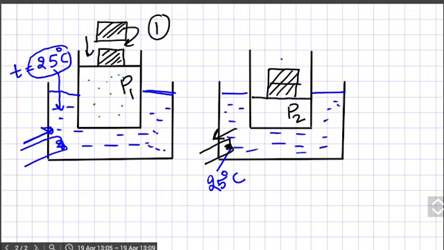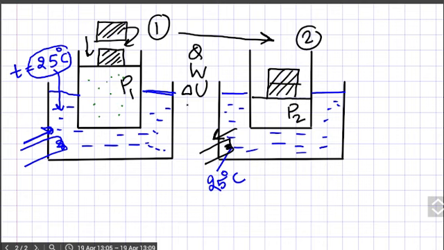From 1 to 2 you have changed this state, and heat will be produced because you are changing the volume. W, work, will be there, and there will be change in internal energy, there will be change in enthalpy. So these 4 quantities you need to calculate for this process.